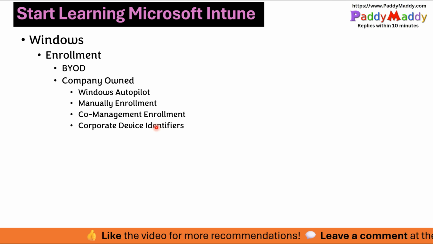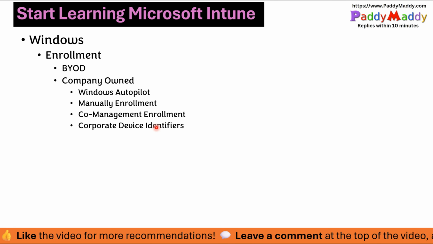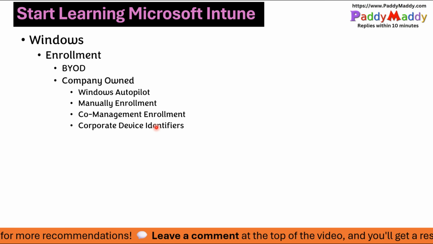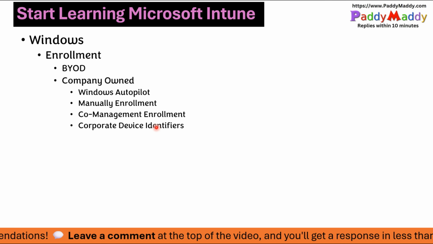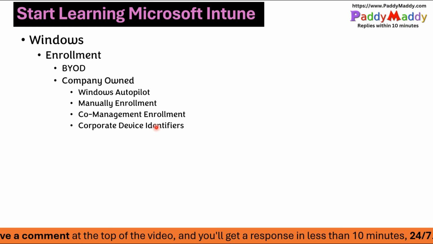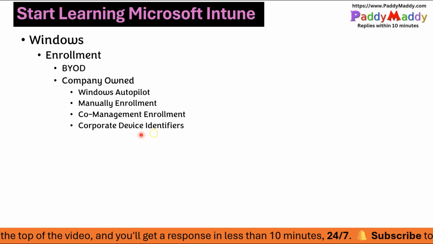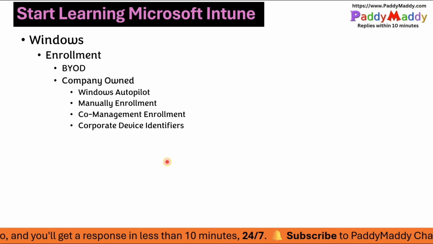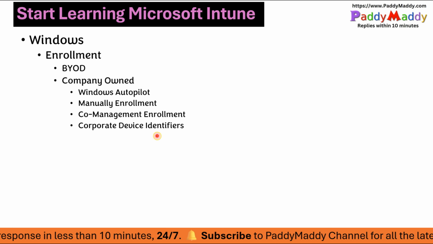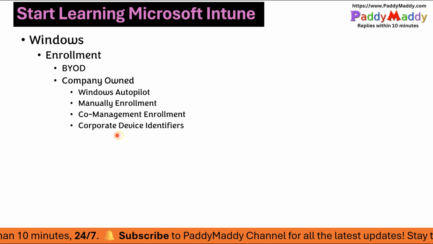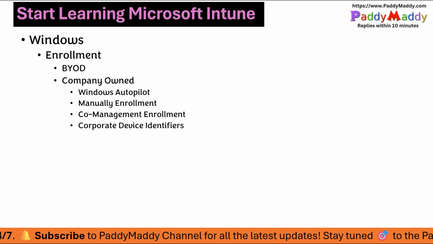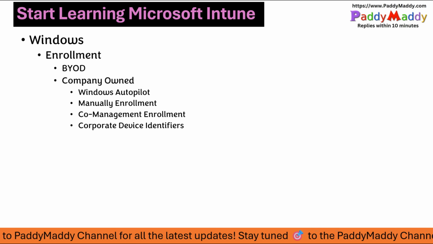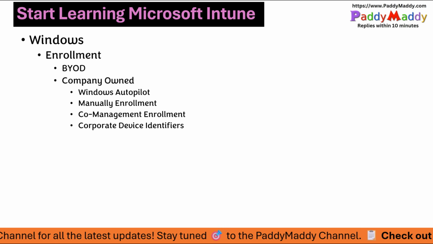That's the unique identity of your mobile. Similarly, for Windows laptops or desktops, they will have a serial number. So that is the easy way to add devices, by using the serial number or IMEI number as the corporate device identities, so that we can easily identify it as a corporate device.